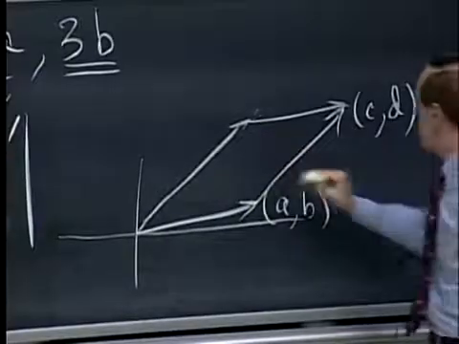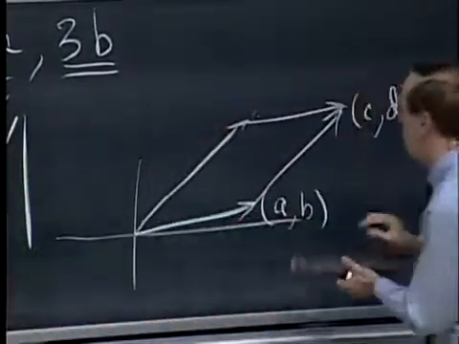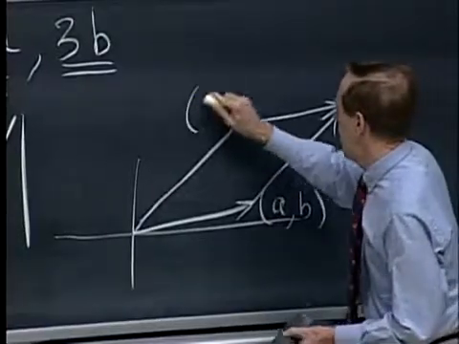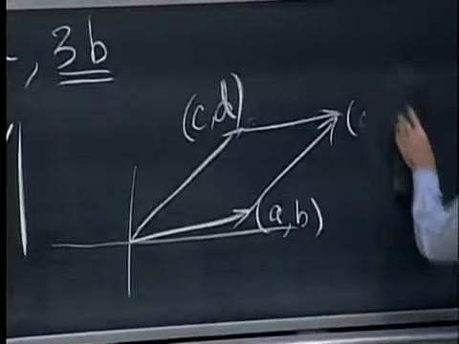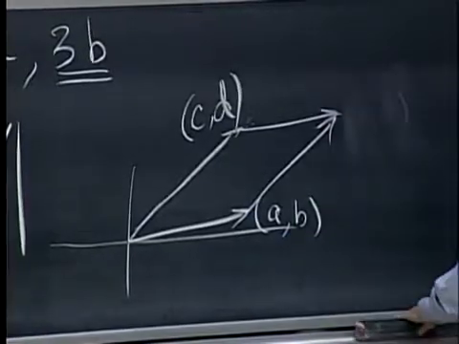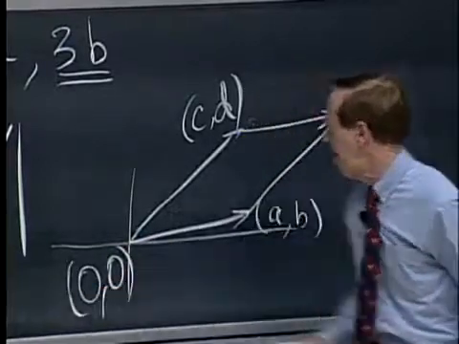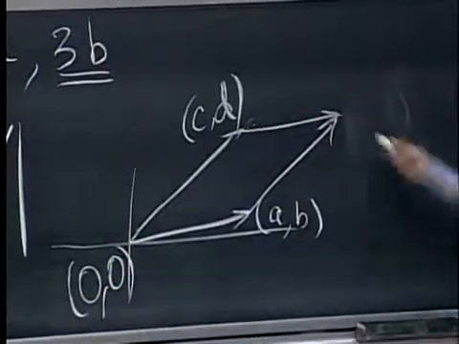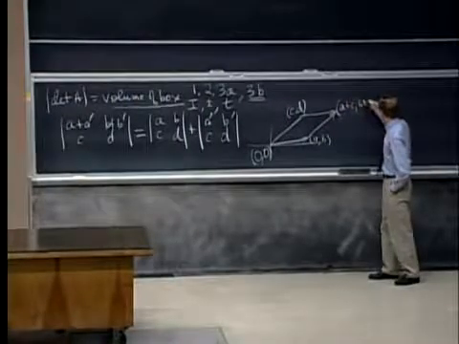So this is C. Well, I better make it look right. It's really this one that has coordinates CD, and this has coordinates, whatever the sum is, and, of course, starting at 0, 0. So we all know this is A plus C, B plus D.